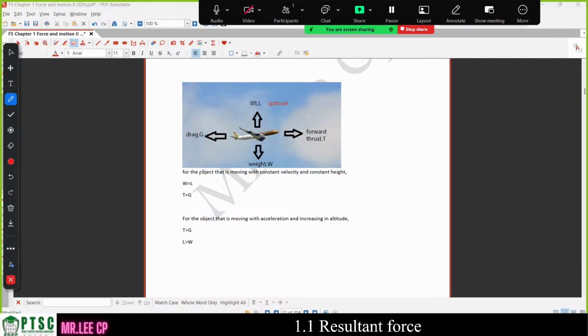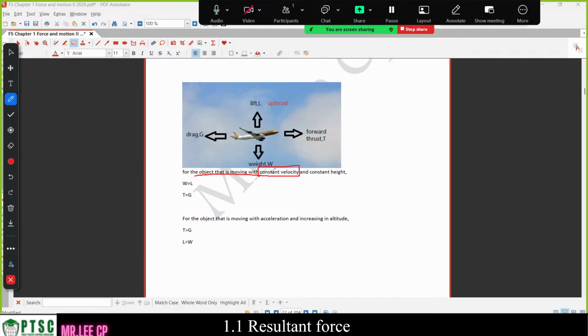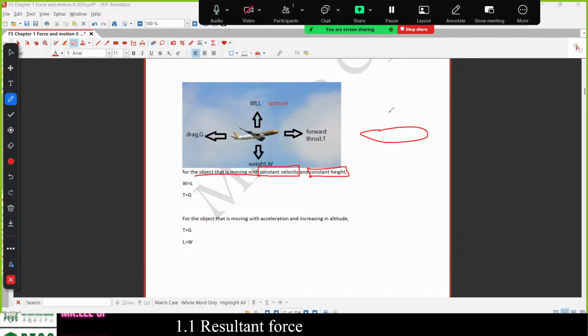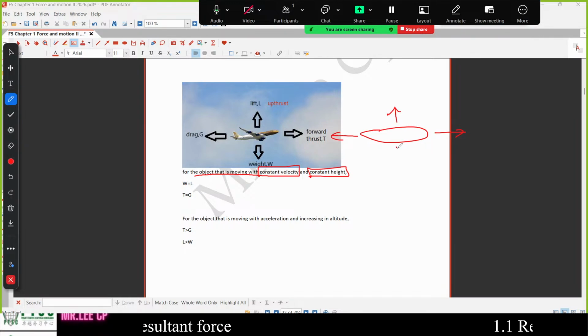So now you need to read this question properly. For the object that is flying at constant velocity and constant height, meaning this aeroplane is not going up and down, left and right will be the same. Up and down will be the same.